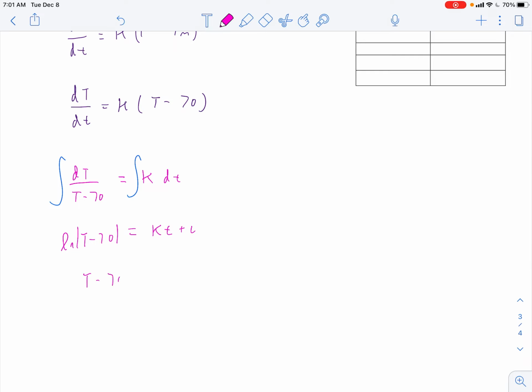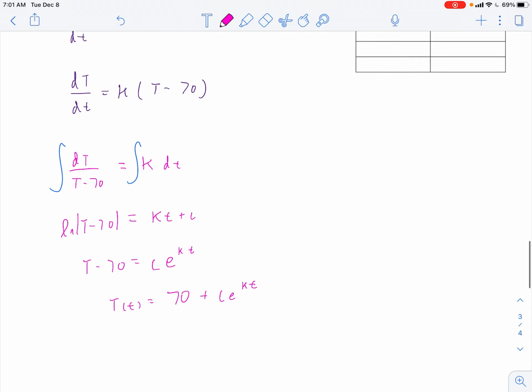We get T minus 70 on the left side and C e to the kt on the right. Solve for T: T of t is equal to 70 plus C e to the kt. What kind of stinks here is we have two constants, but it's not going to be too difficult.